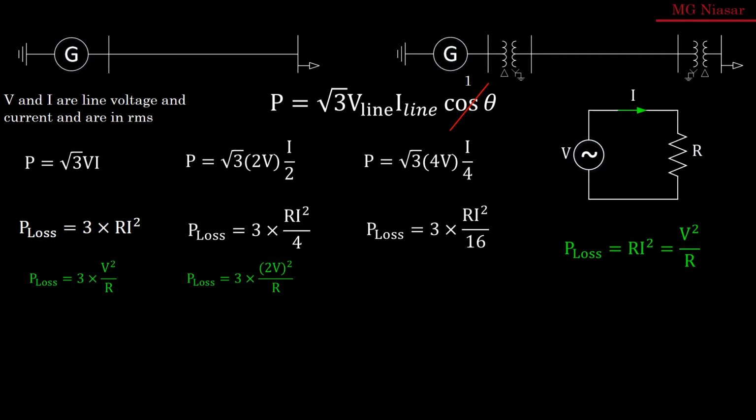The voltage is on the transmission line, so this V is not really across the resistance of the transmission line, so we cannot use this formula to calculate transmission loss. So these two, we cannot use. In order to calculate loss, we have to go through these formulas, and we can see that as we increase the voltage level, the amount of loss decreases.